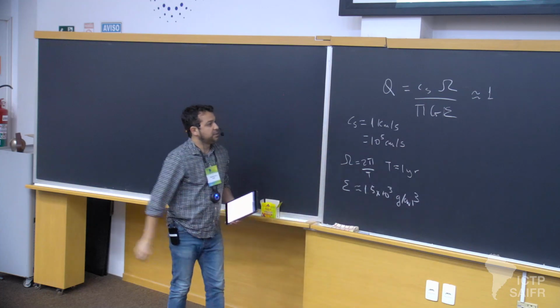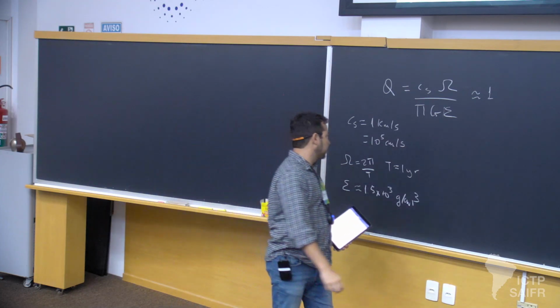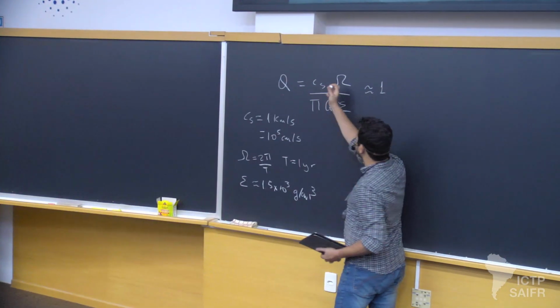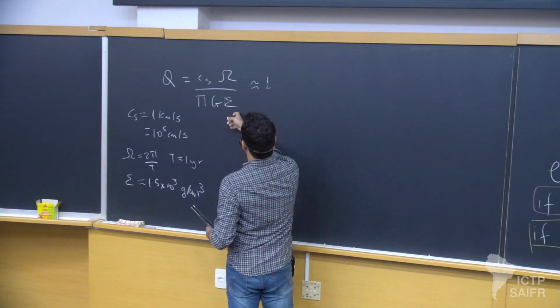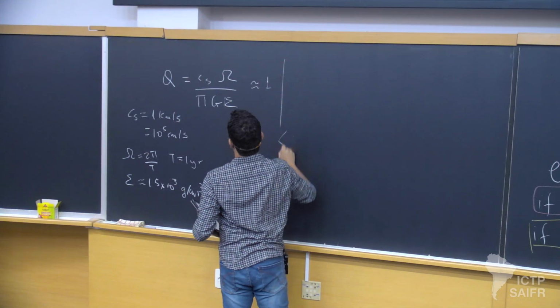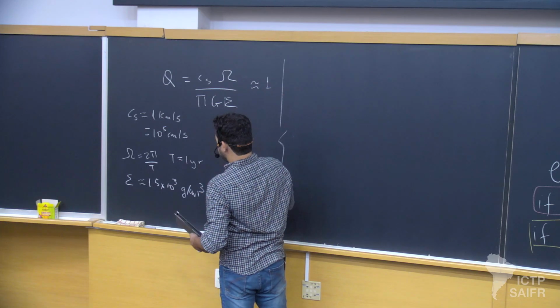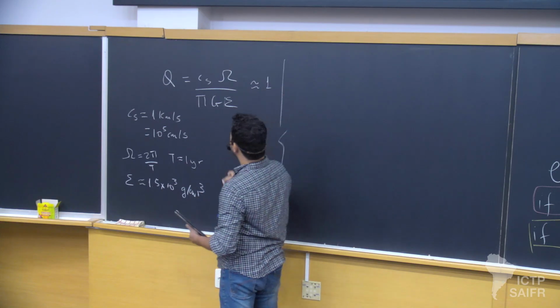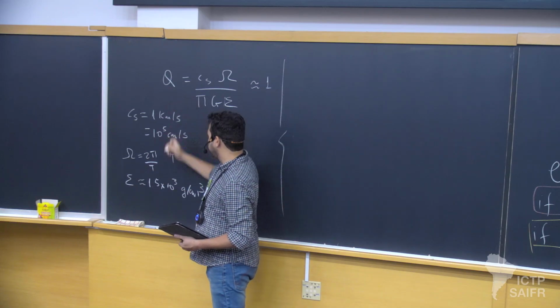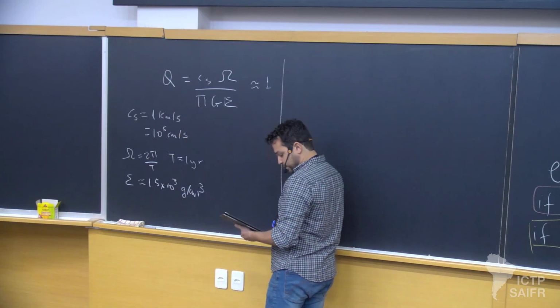Put these numbers here, the sound speed, omega, and sigma. That's then what you get for Q equal 1. If you have Q equal 1 here, that gives you then this density.